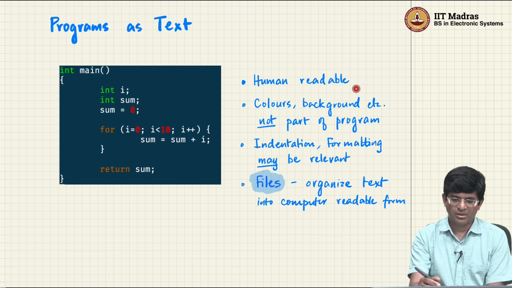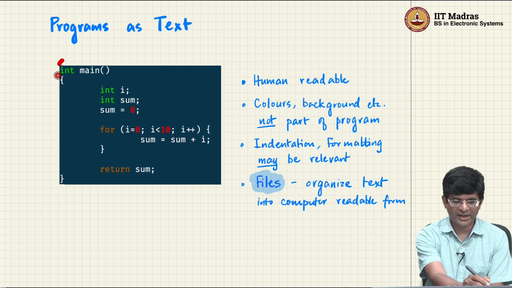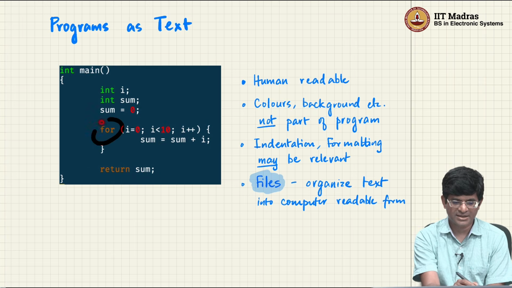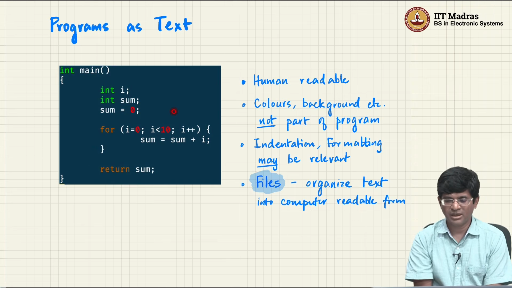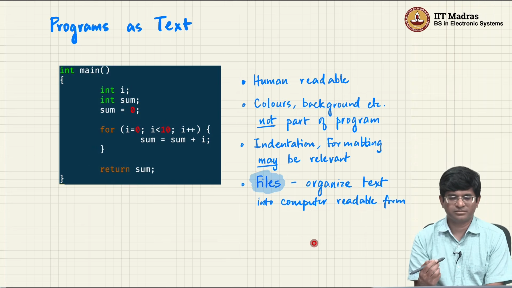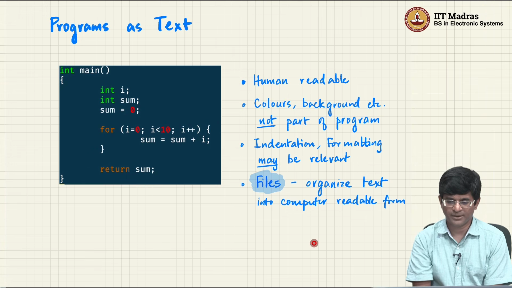Now a couple of things to keep in mind. Of course, the colors that you see here, the fact that this is in green, this is in brown, there are some things in red, white, and a background which is dark. All of those just happen to be my preferences as set by the editor that I used for editing this code.